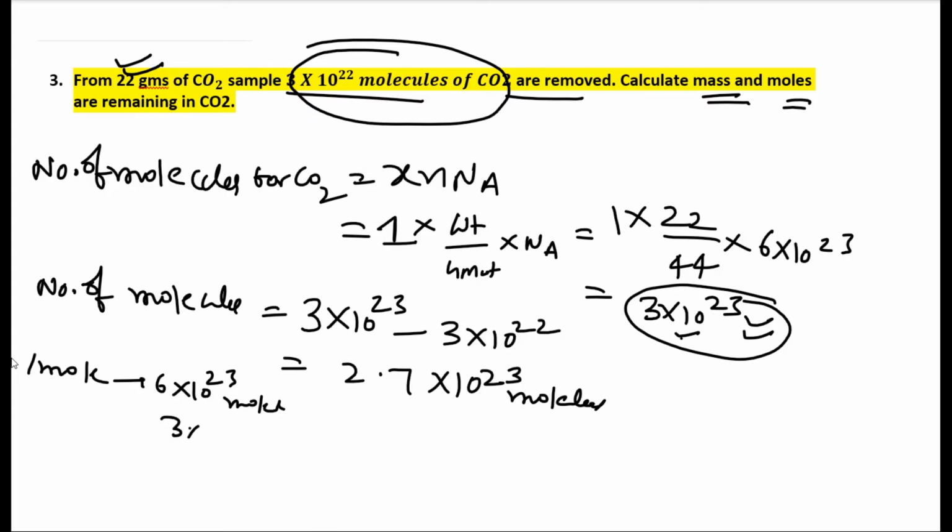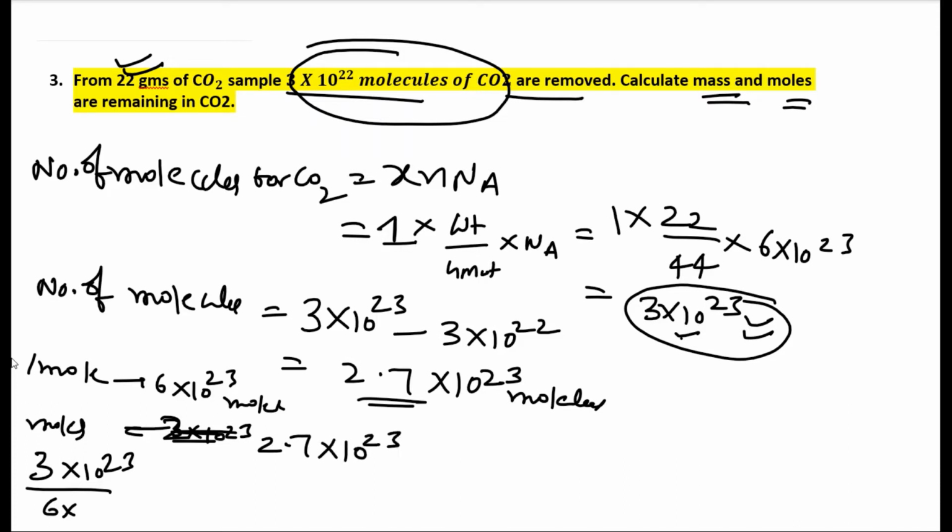I'm sorry, this is not 3, it is 2.7 into 10 power 23 molecules. 2.7 into 10 power 23 molecules means how many moles?